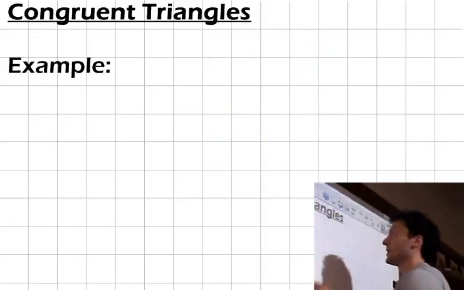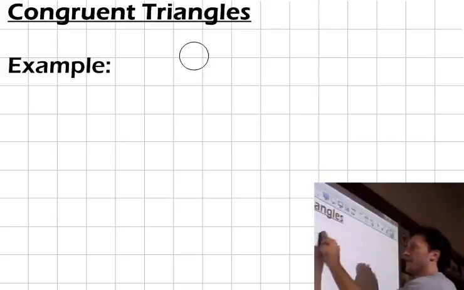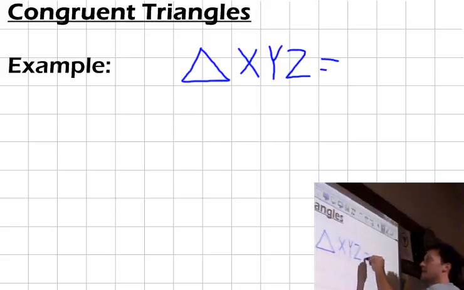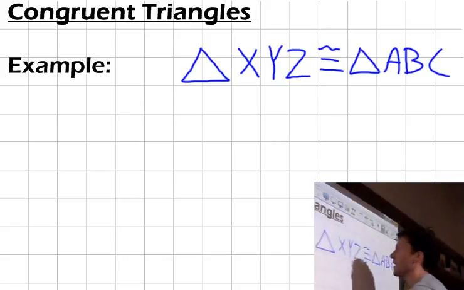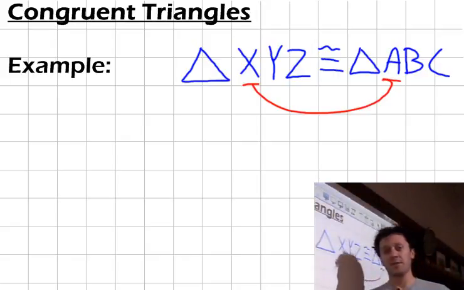Here's an example. Let's say that triangle XYZ is congruent to triangle ABC. Well, because I wrote it that way, I know that these are corresponding vertices.